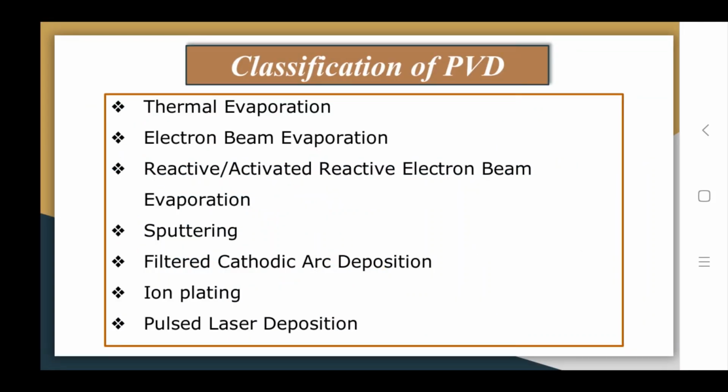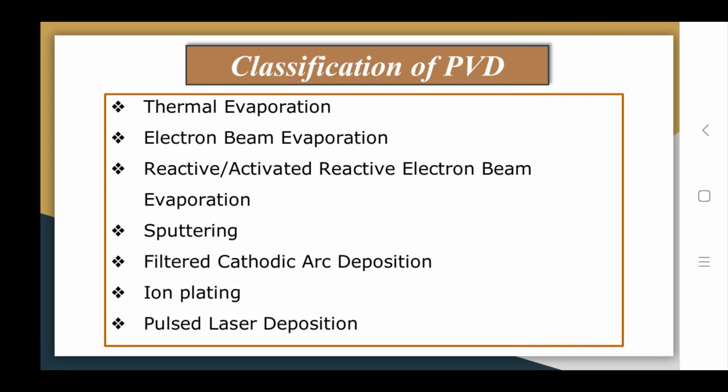Now we are going to discuss the classification of PVD, the physical vapor deposition process. There are several types of classification available in terms of how we are going to modify those samples, how we are going to agitate the material, how we are going to do the coating, or what form of energy we are using to agitate the material and do the coating over the substrate.